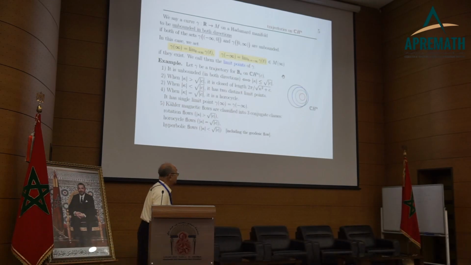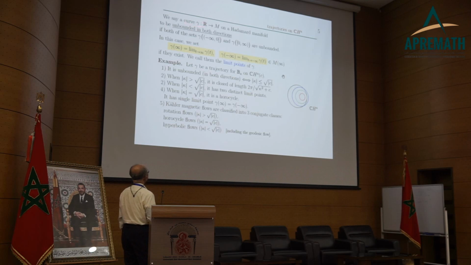Actually, this is a Poincaré model of complex hyperbolic space. This circle on the inside. And the topological boundary of this Poincaré ball coincides with the ideal boundary, and the topology is the same.